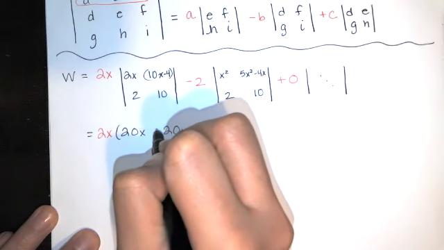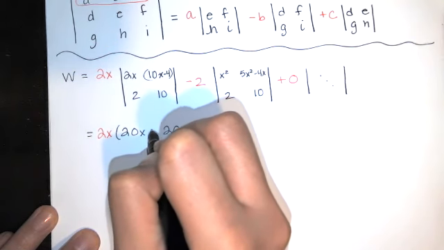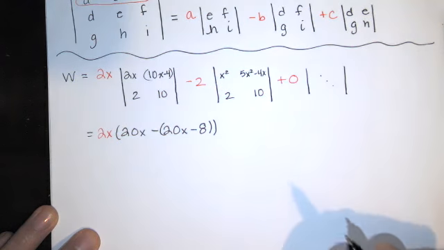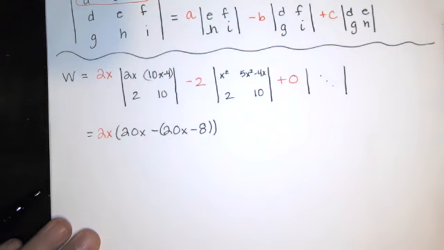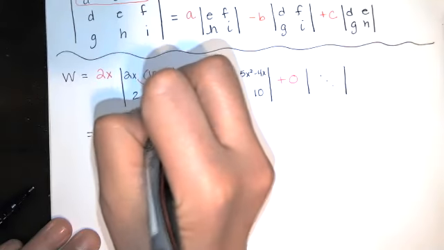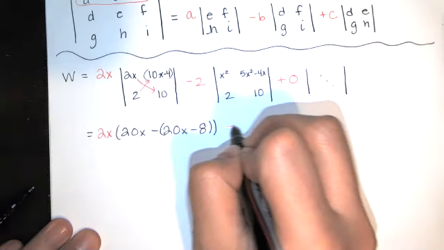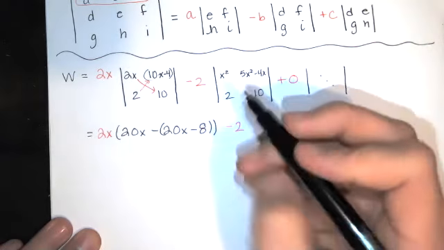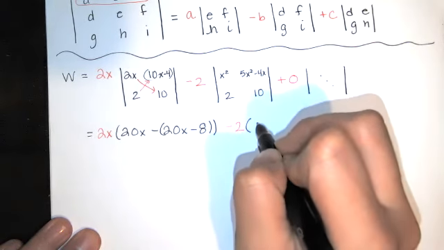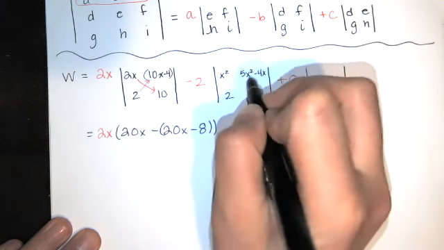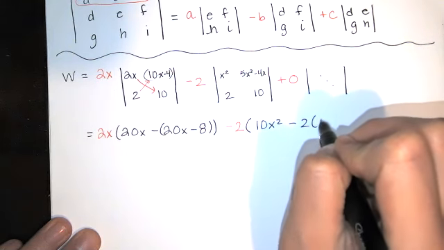We'll distribute the negative in a moment. That's this times this, and you subtract that. Then here we've got a minus 2 times, multiply across this diagonal, and then you multiply across that diagonal and subtract.